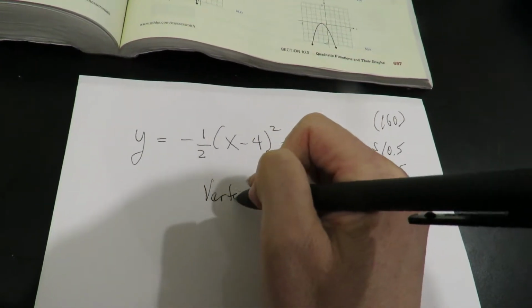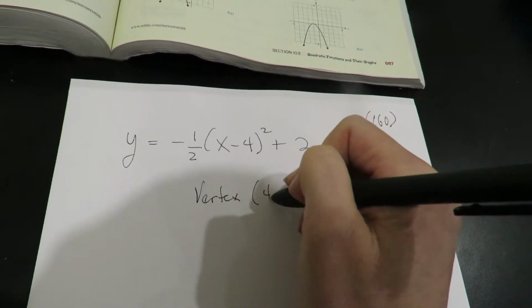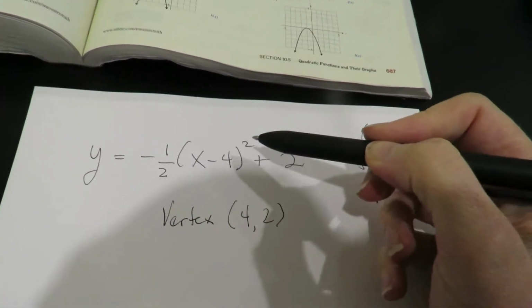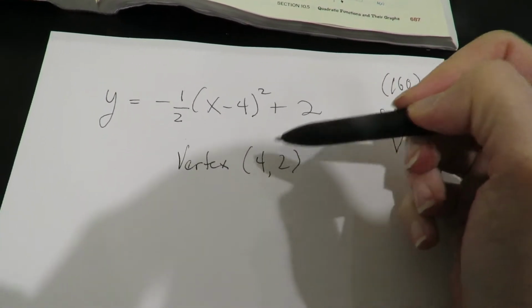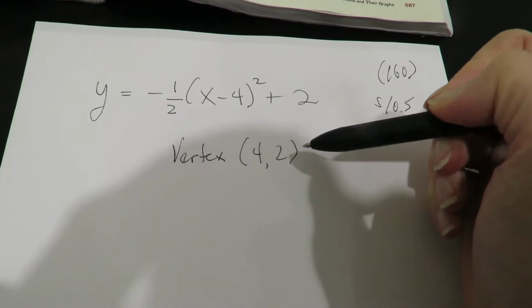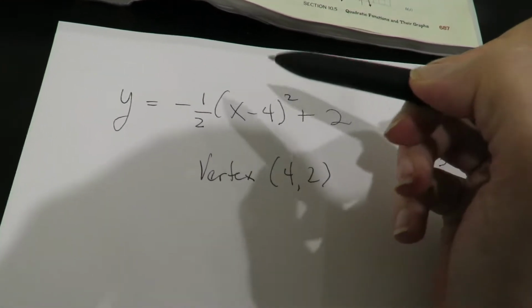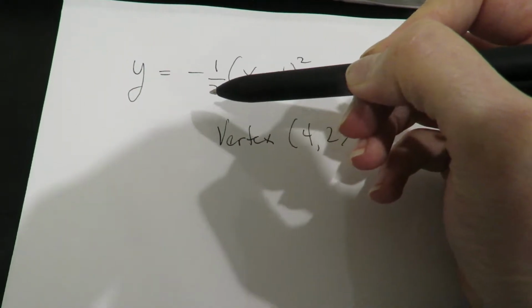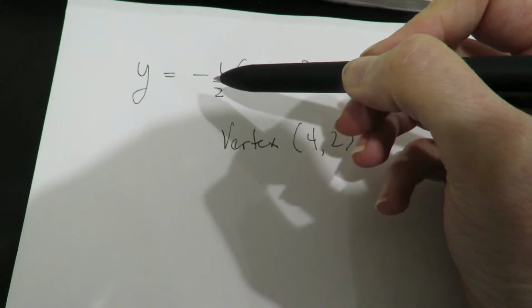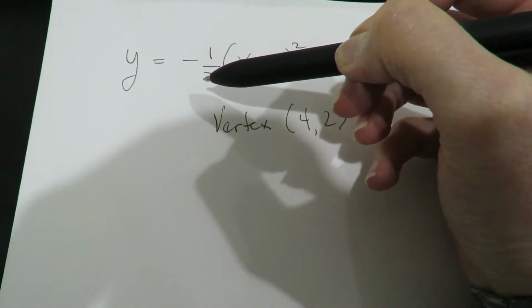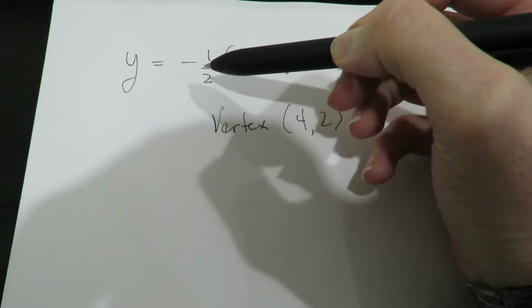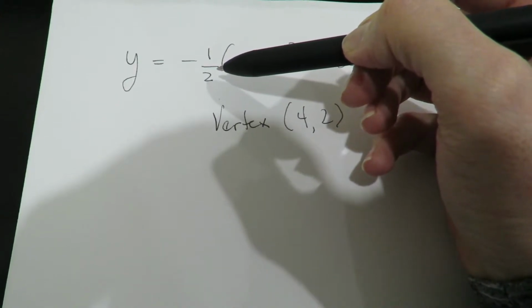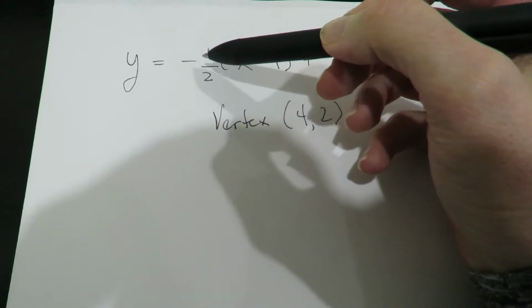All right, so we have another parabola. You guys know how to read the vertex. It's the opposite of the inside, same as the outside. So opposite sign of the inside, same sign as the outside. So that's the vertex. The negative in front, remember, is making the parabola frown, so it's face down instead of face up. We call that a reflection over the x-axis. And the 1/2 is making the parabola wide.